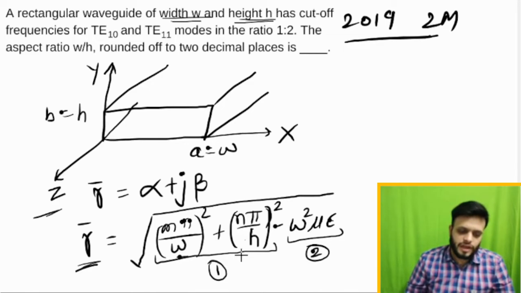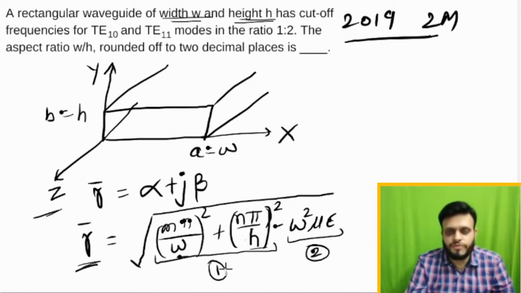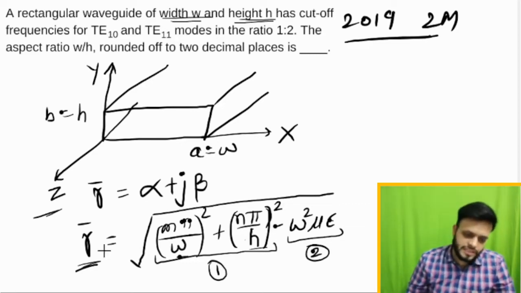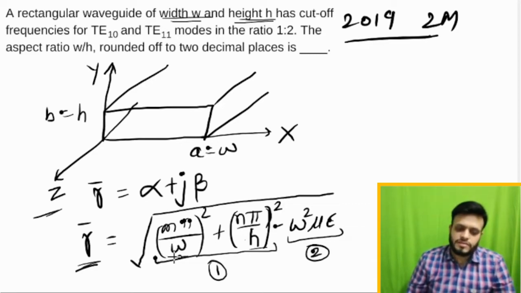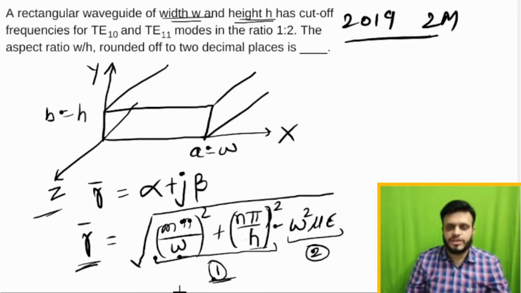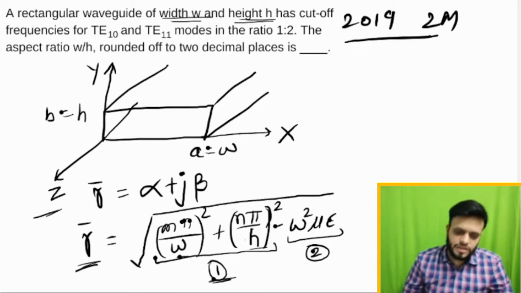W and h are the dimensions of your waveguide, which you cannot change. So once the wave travels, this first part always remains constant. If you want to change the mode of propagation you can change it, but generally once we are fixed with the mode of propagation, we will not change it.